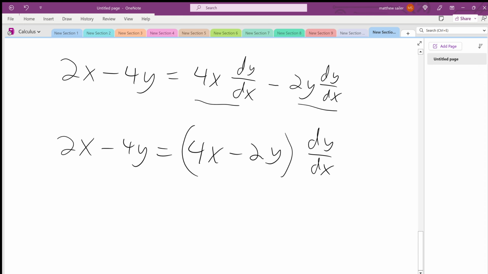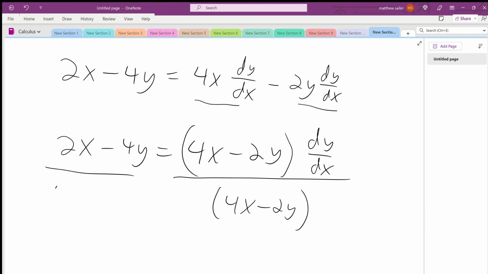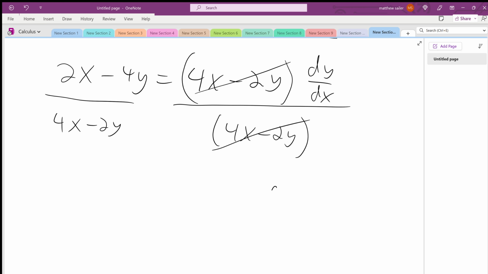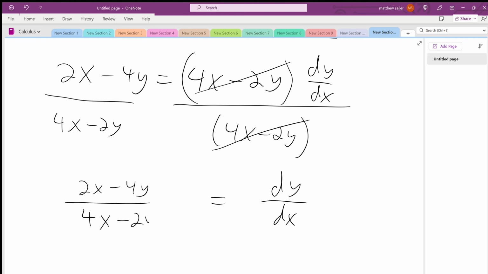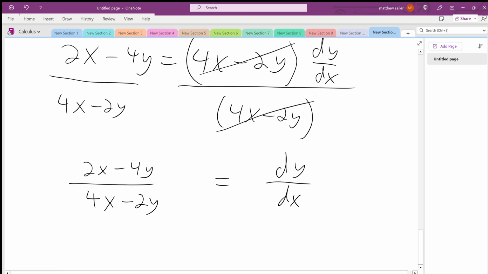And now we can divide each side by what's in these parentheses. So 4x minus 2y, 4x minus 2y, and we are left with dy dx by itself on the right-hand side. On the left-hand side, we have 2x minus 4y minus 4x minus 2y, divided by 4x minus 2y.